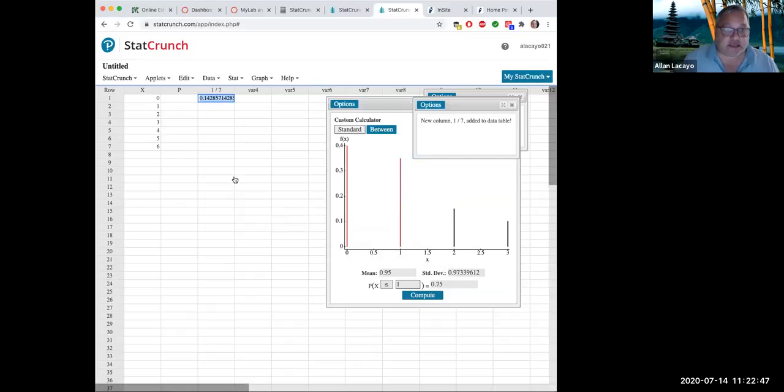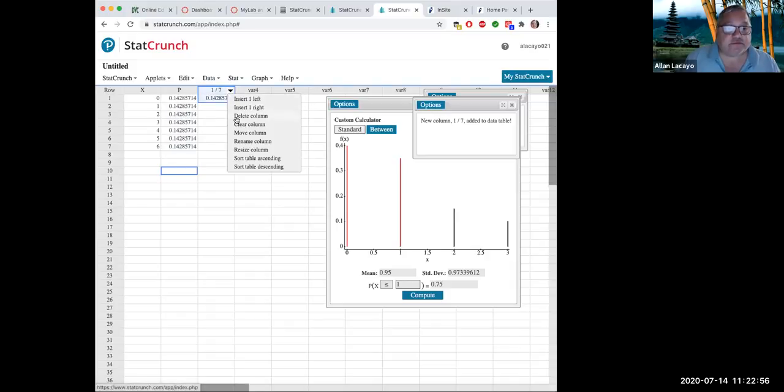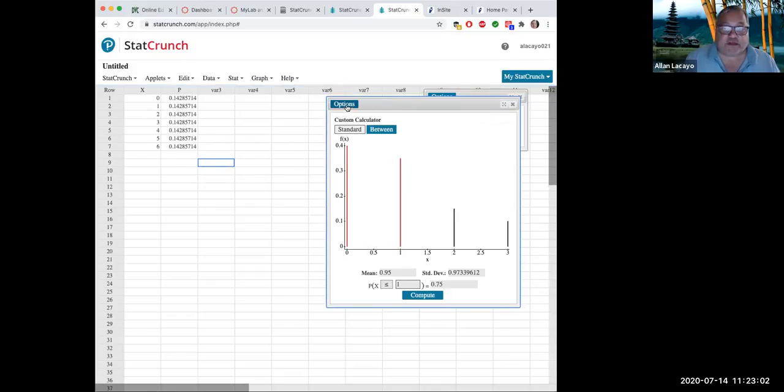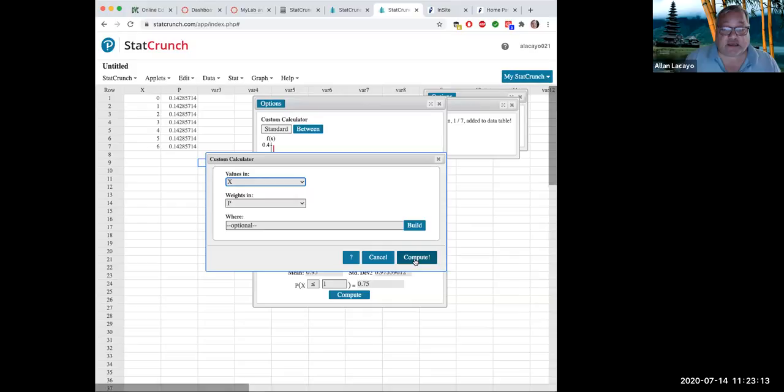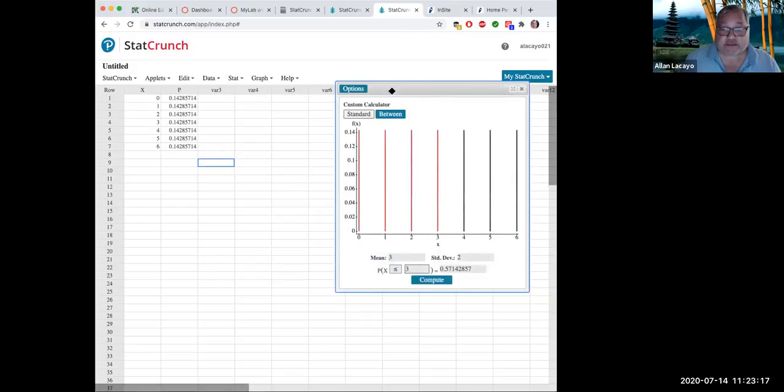And I'm going to take that 1 by 7 and paste it in every one of these so that I get a probability value of 1 in 7 in each case. And then I'm going to go into the custom calculator that I had used in the video for the custom computation. And I'm going to go Options, Edit, and recompute, because everything else is already preset properly.